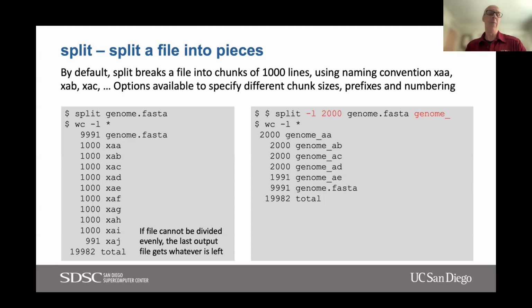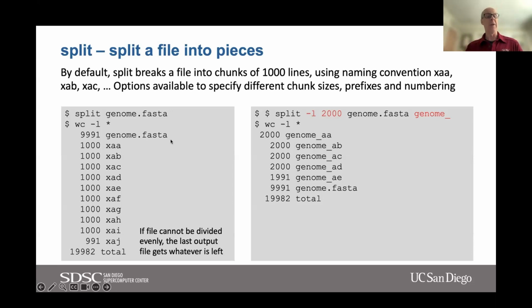So let's say I have a file, we call it genome.fasta, and I split it into chunks. Let's say it's a very, very large file. I don't want to process it all at one time, or I want to assign the processing of the data to different programs. So I do split genome.fasta, and I'm going to do a wc -l, to see how many lines there are in each of the files.